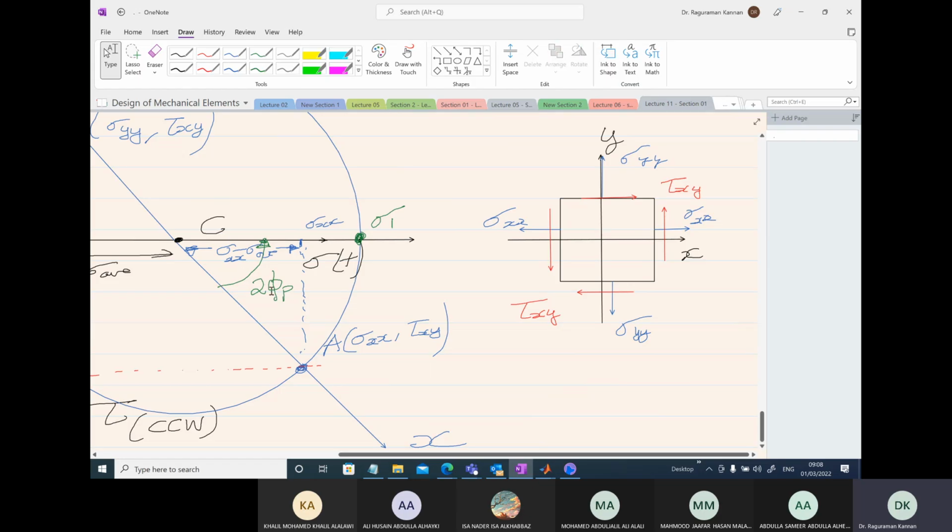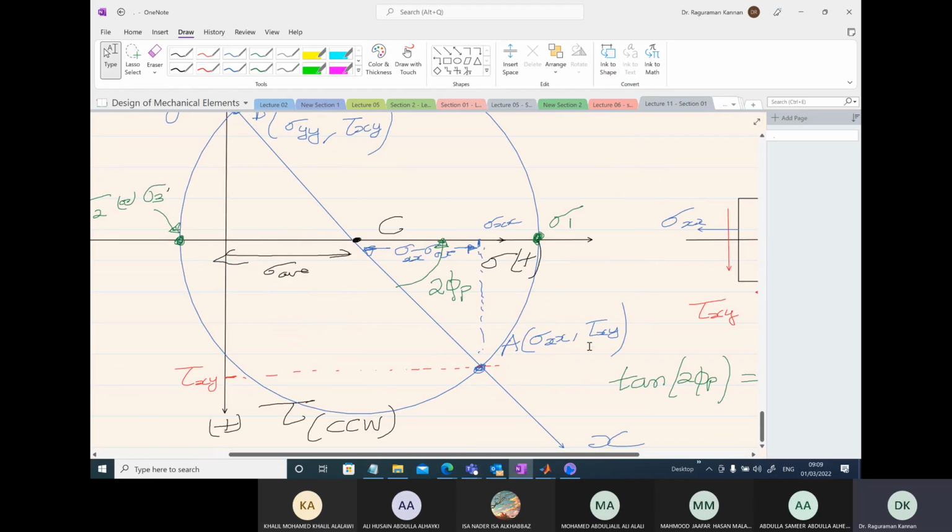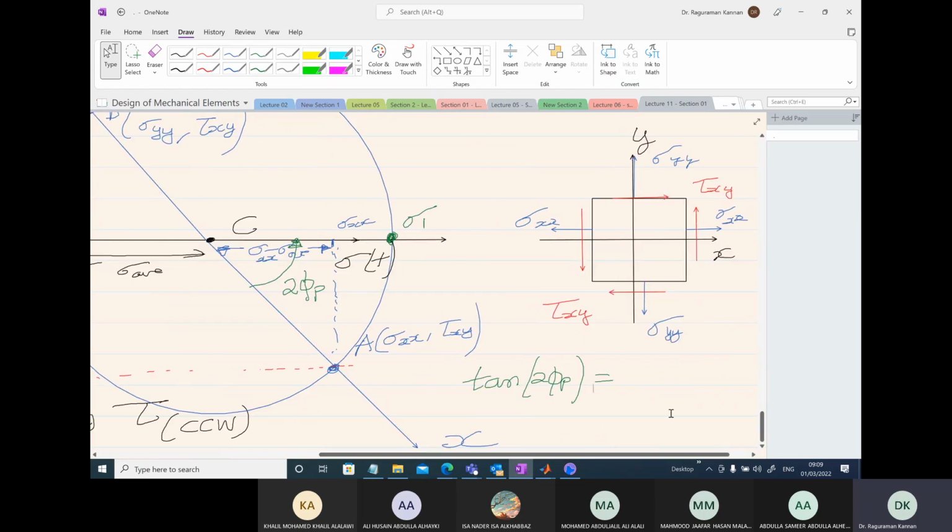Okay. Now let us get the formula for 2 phi p. If I write the formula from the Mohr circle, you will see I will get the same formula. What is the opposite side here? We already know that it is tau xy. The height here is tau xy based upon the coordinates. So I can write tau xy divided by the adjacent side, which is sigma xx minus sigma average.